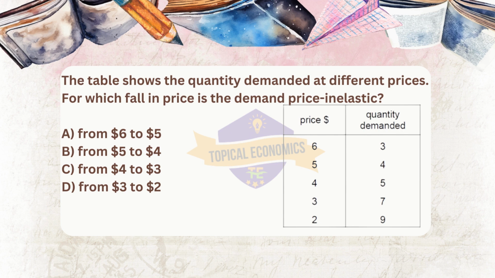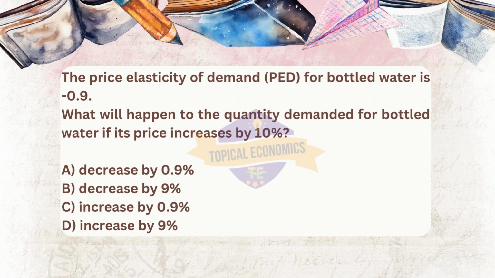PED equals percentage change in quantity demanded divided by percentage change in price. For option A, PED equals 1.5. For option B, PED equals 1. For option C, PED equals 1.6. And for option D, PED equals 0.86. So the correct answer for this question is option D. Proceeding with the eighth question.